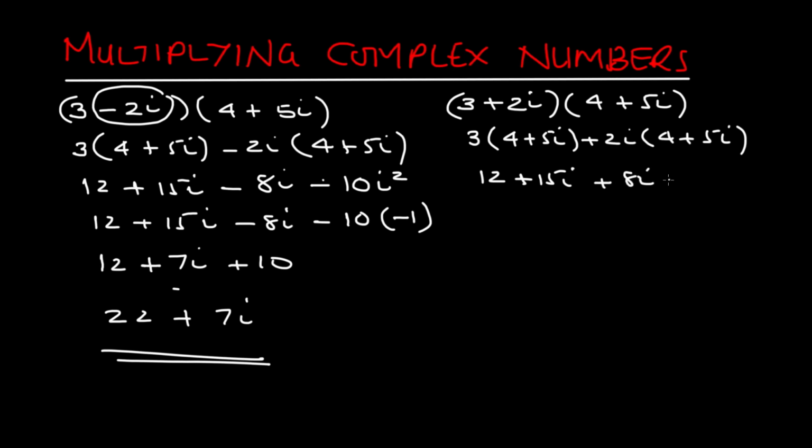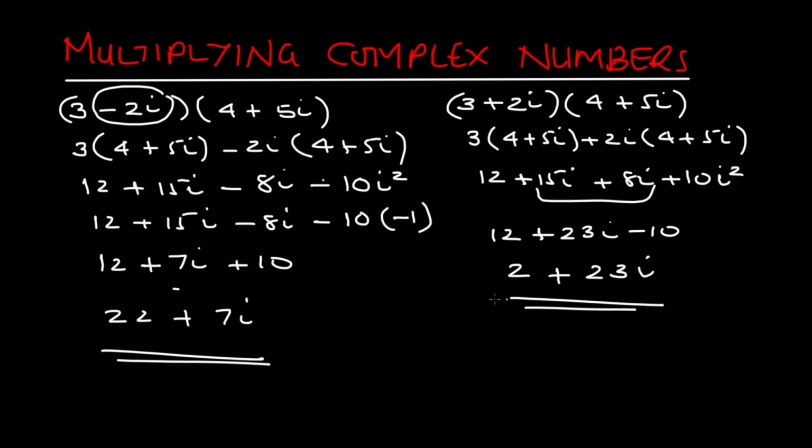And then this one will give us plus 10i squared. Again, our key here is that these are like terms, so I can still say 12 plus these two will give me 23i. But this i squared is minus 1 times 10, that's minus 10. So these two now are like terms, they can subtract. 12 minus 10, we'll have 2 plus 23i.